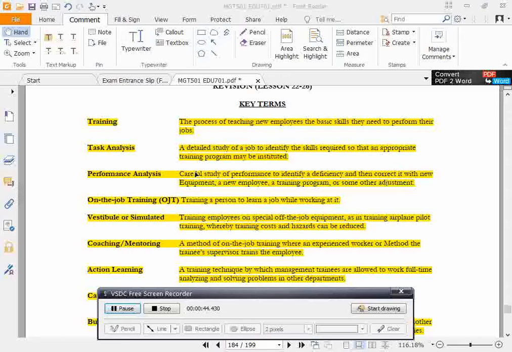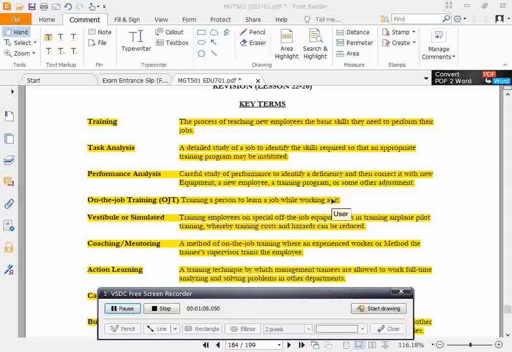Performance analysis: careful study of performance to identify deficiency and then correct it with new equipment, a new employee training program, or some other adjustments on the job.